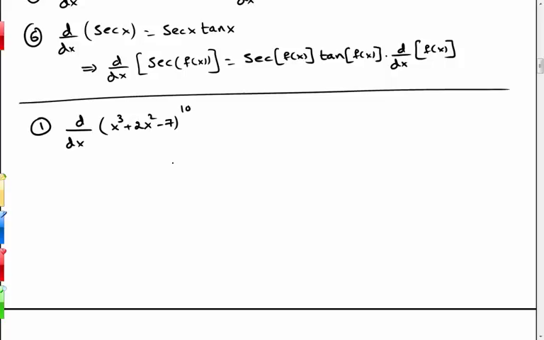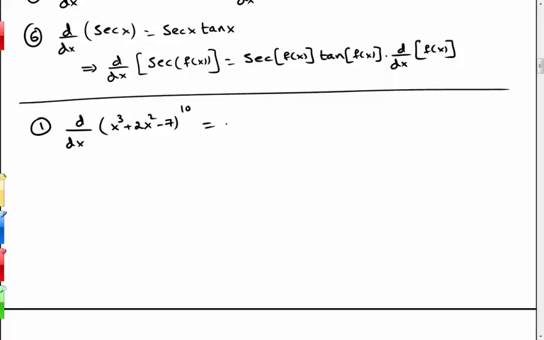And because it's something more complicated and it's a function of x, you think of this as d/dx of some f of x to the 10. Right? Now, as we said earlier, d/dx of f of x to the n is n times f of x to the n minus 1 times the derivative of f of x itself.